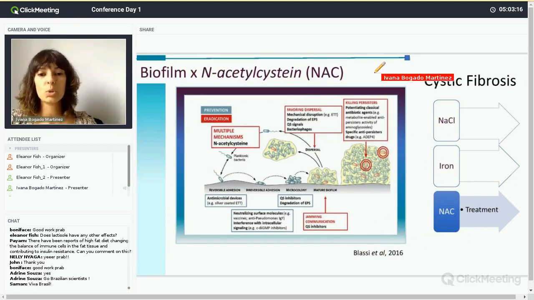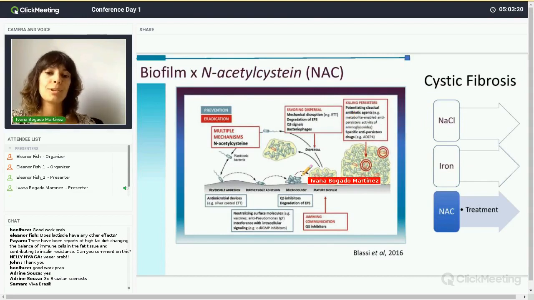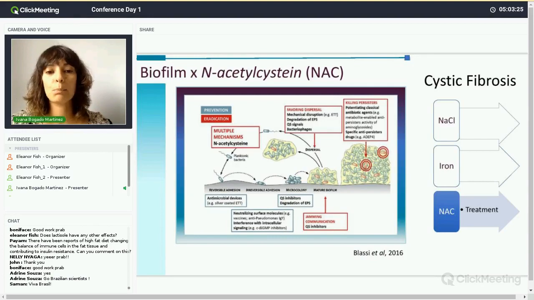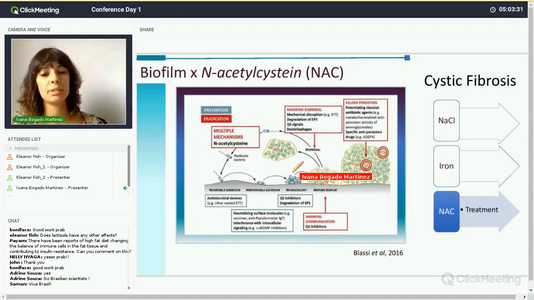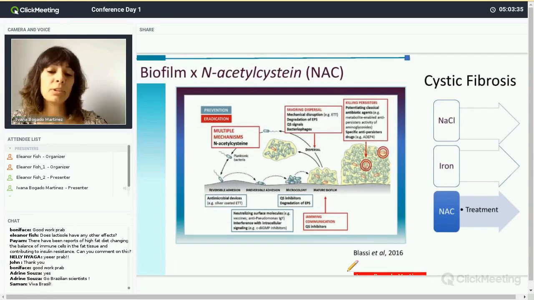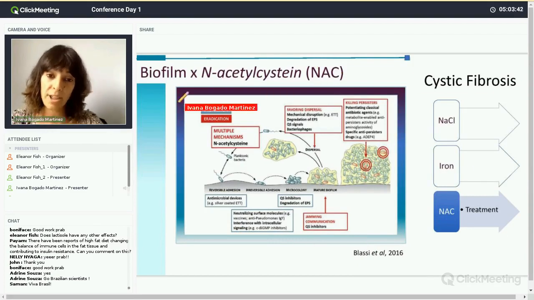N-acetylcysteine is a substance that has been used for a long time and has mucolytic properties that enable the treatment of different kinds of respiratory disease. And especially for cystic fibrosis, until this moment, no one could prove its effects.